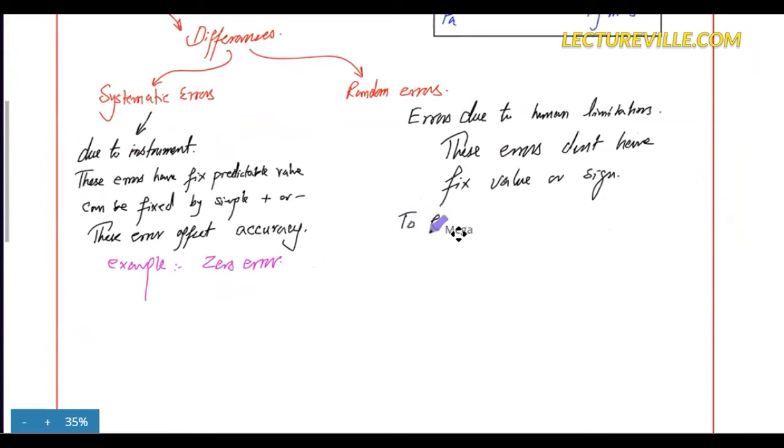To fix such errors, we use statistical or graphical methods.